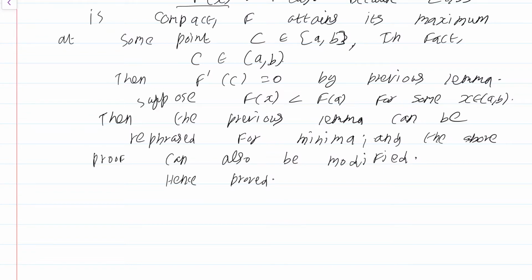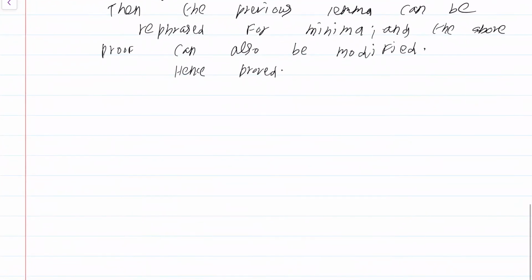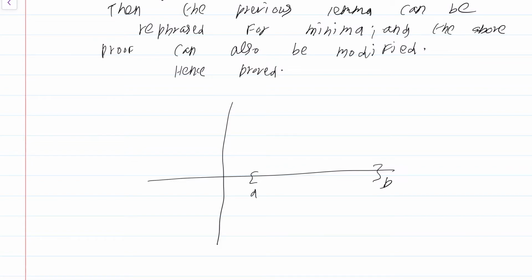So this is a geometrically obvious theorem, again one that requires a proof. This is what Rolle's theorem is saying. If you have the points a and b and the graph of the function returns to where it started. The way I have drawn it, f of a equals f of b equals 0, but that doesn't really matter.